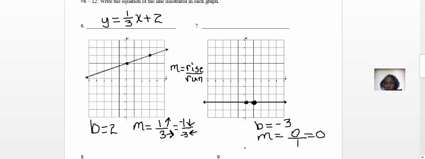And remember, when our slope is 0, we have y equals 0x plus our b. So y really will just equal our b, which in this case is -3. So y equals 0 times x plus our -3, which equals 0 minus 3. Y equals -3.